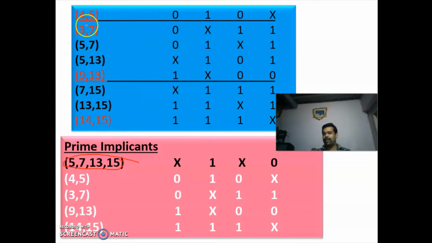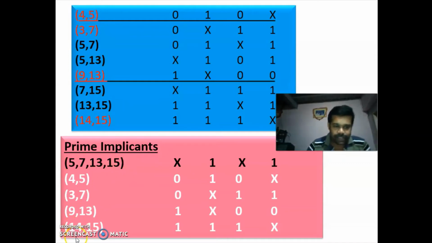These are the prime implicants you have got in the second step, and the prime implicant you got in the fourth step is 5 7 13 15. Okay.